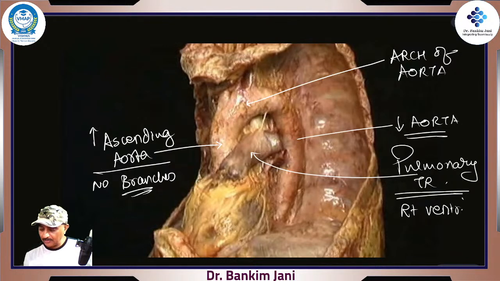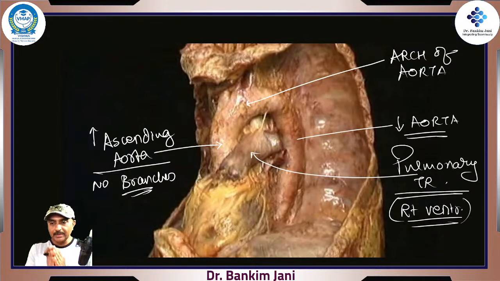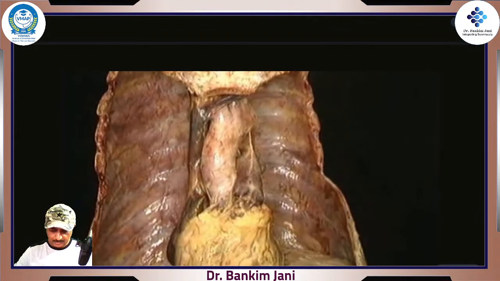When it goes out of the right ventricle, it will be dividing into right and left pulmonary arteries, which will be going into the lungs, right? So that one is our pulmonary trunk. Now as it goes up, this runs upwards, right?